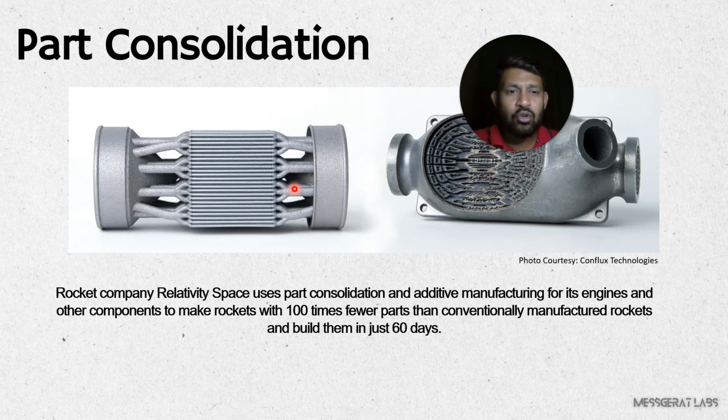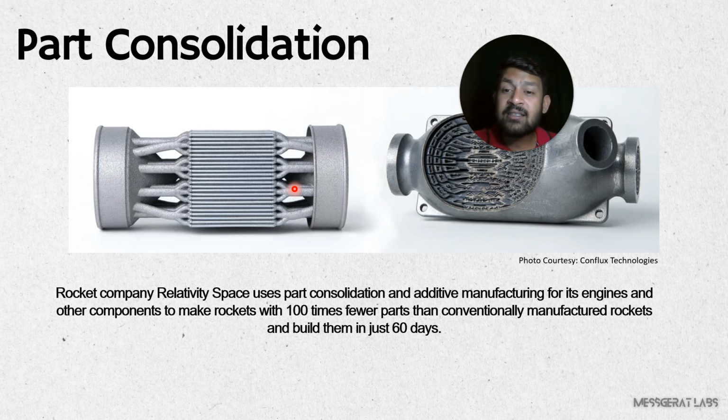They are made up of multiple hundreds of aluminum sheet metal parts welded together, whereas using 3D printing, Conflux Technology is producing custom-made heat exchangers for each and every application for their customers.